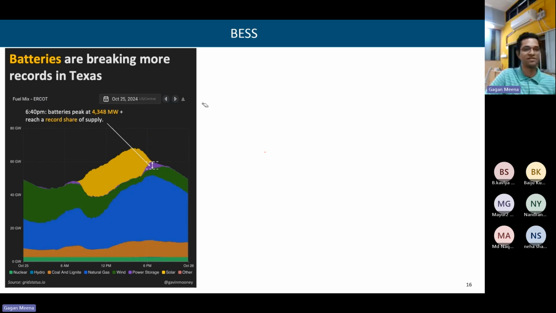In the US, Australia and now China also, they have very large projects, especially the world's largest projects you'll find in Australia and US. And we saw in the first week also that Dubai is coming up with a 19 gigawatt hour, 1 gigawatt base load plant. It's also a very huge plant.